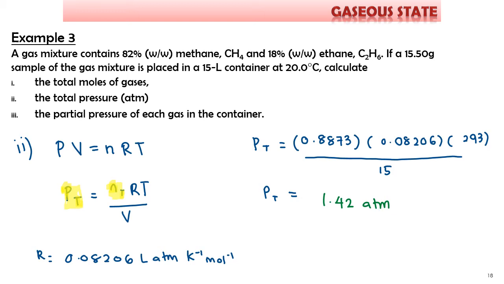So substitute into the equation. If you are using PV equals to nRT, make sure you convert, okay, temperature must be in Kelvin, and then for the total pressure you will get 1.42 atm.